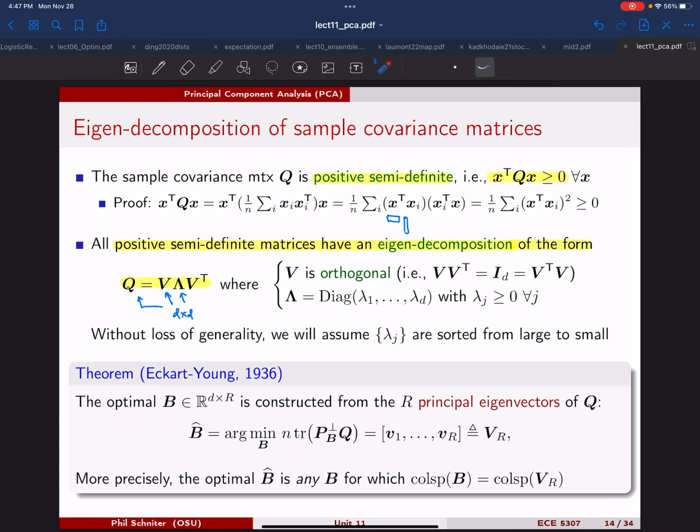So these are all important properties of Q, and this decomposition is also going to be useful to us. And this is, in fact, where we get this notion of constructing this B matrix using the R principal eigenvectors, which are the eigenvectors corresponding to the largest eigenvalues. So this is a theorem called the Eckart-Young theorem.